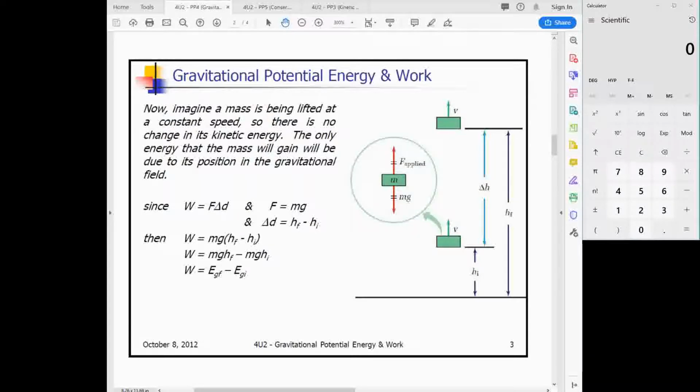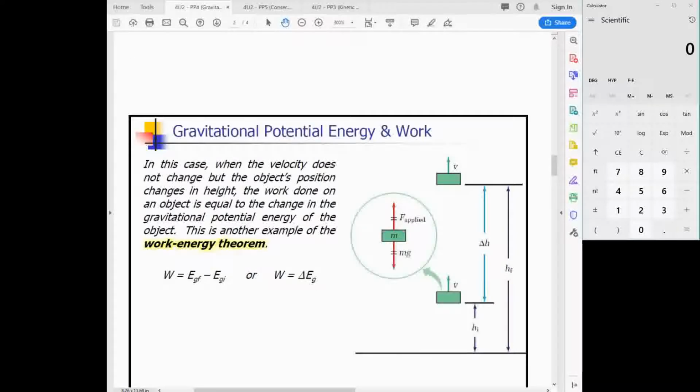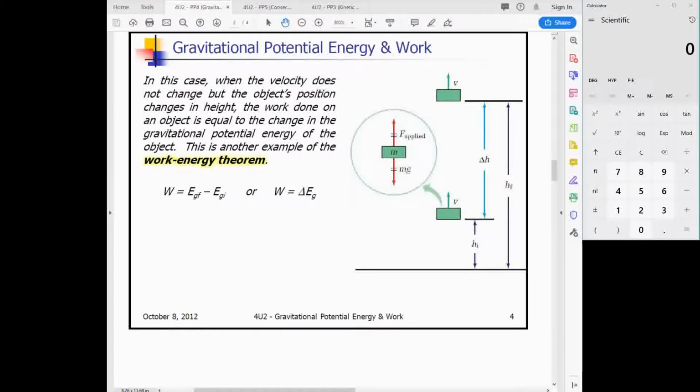So work is the change in gravitational potential energy. So the work done in raising an object is equivalent to the change in its gravitational potential energy from its initial position to its final position, rather.